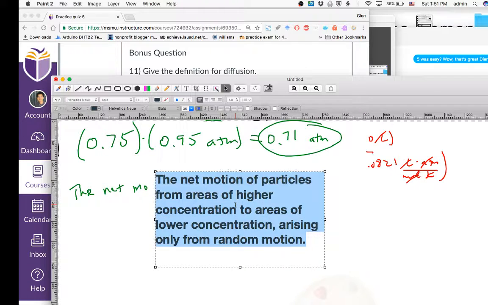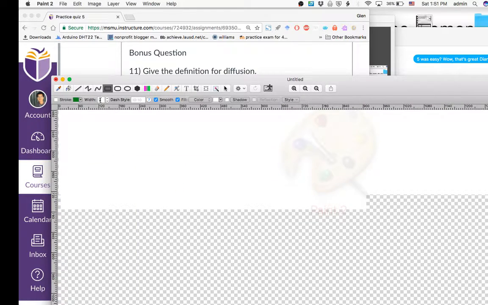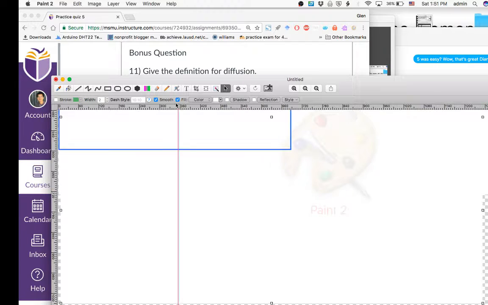So diffusion is the net motion of particles from areas of higher concentration to areas of lower concentration, arising only from random motion. I want you to understand what I mean by that, or what science in general, or maybe even what nature means by such a thing. Here, let me show you exactly what's going on with that.